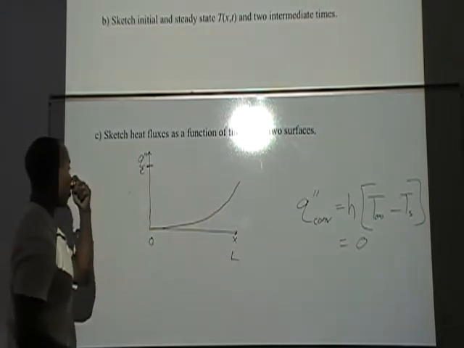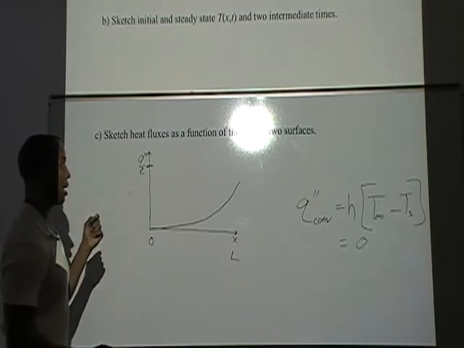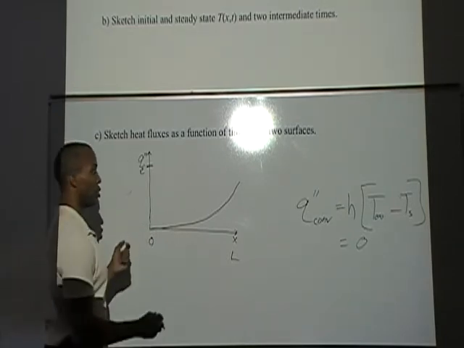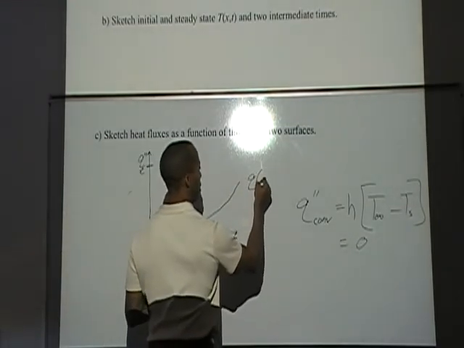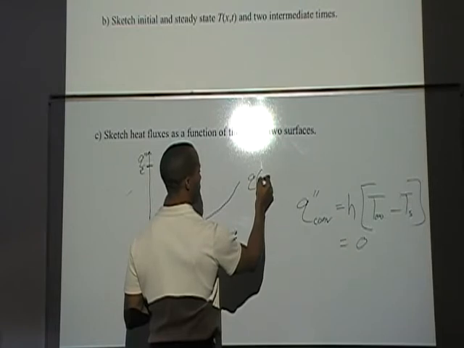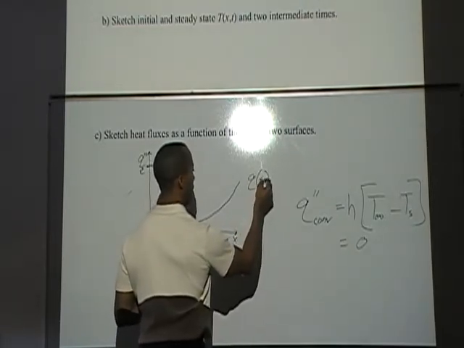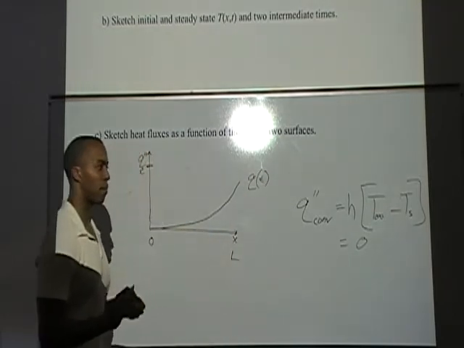Now, this question was asking us to sketch the heat fluxes as a function of time at the two surfaces. So this would be q as a function of time. However, this is really at one instance in time, like I said.